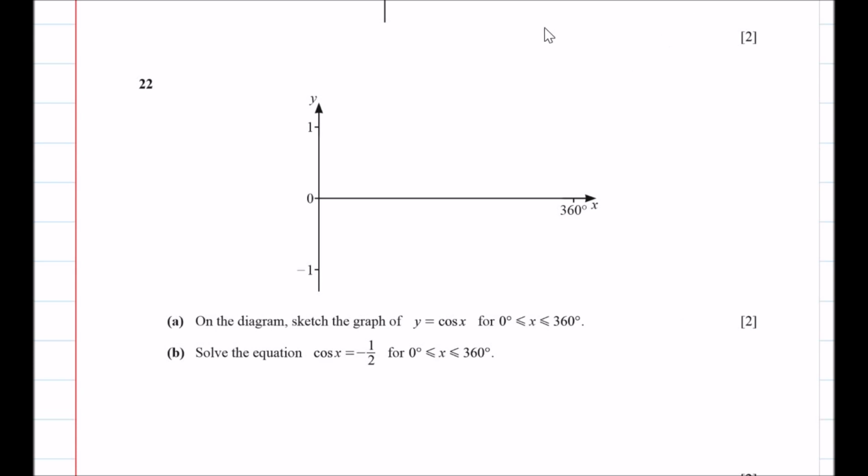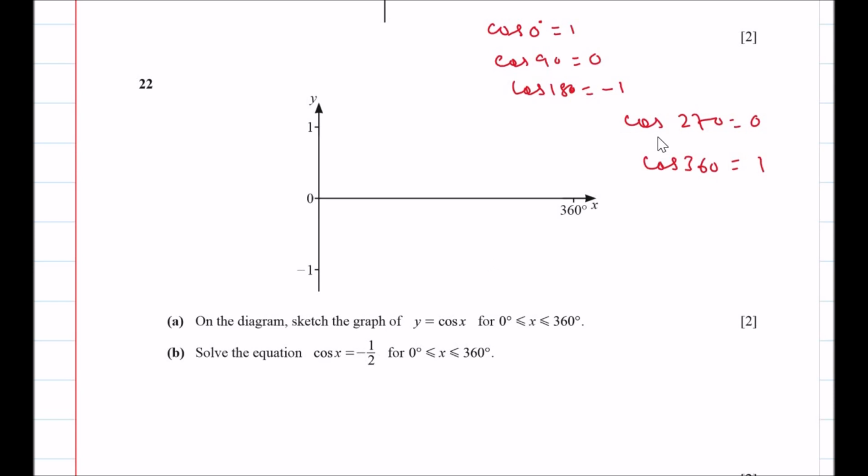If you find some points, we know that cos 0 is 1, cos 90 is equal to 0, cos 180 is equal to -1, cos 270 is equal to 0, and cos 360 is equal to 1.